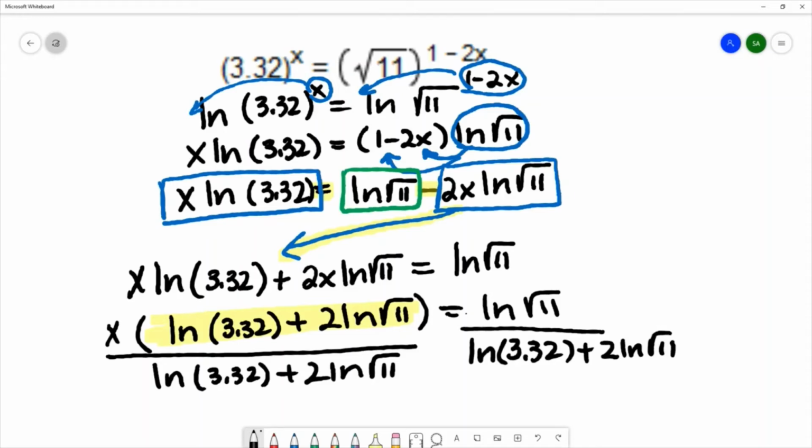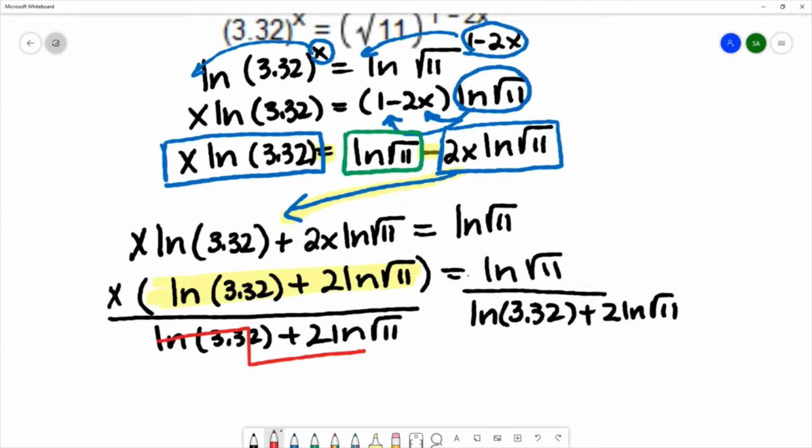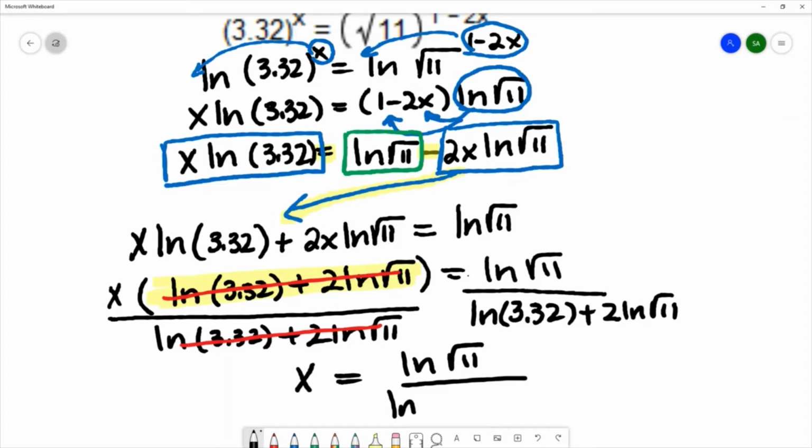And on the left, these parentheses cancel each other out. And we're left with x equals natural log square root of 11 over natural log of 3.32 plus 2 natural log square root of 11.